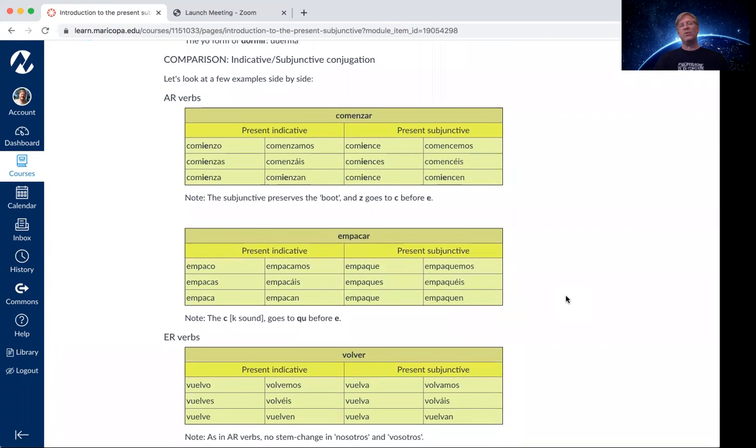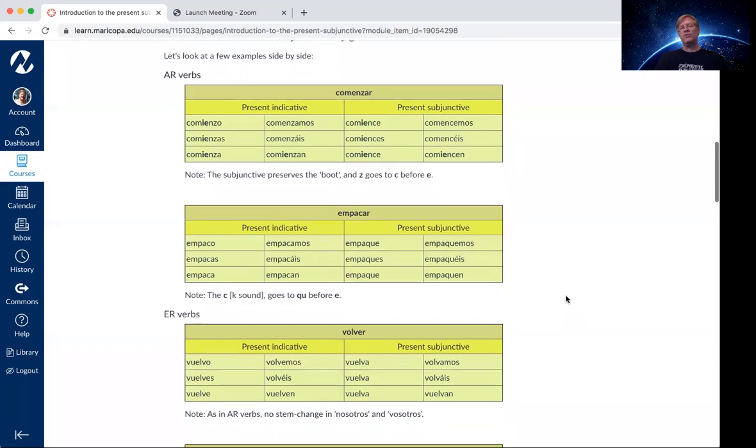So here we've compared to the indicative. Since you're very familiar now with the present tense indicative, you've used it all throughout 101, and in addition to the preterite and imperfect this semester, you've used the present tense quite a bit as well. So it should be very comfortable for you. And by comparing the two, you can start to get a sense for the sound of the subjunctive.